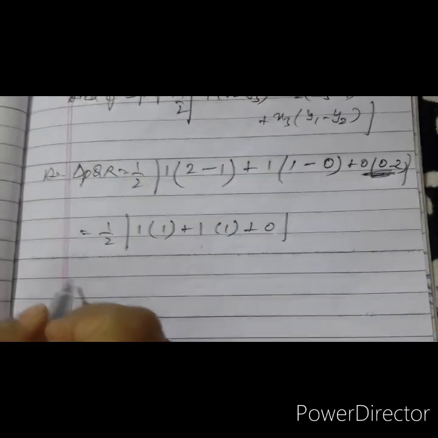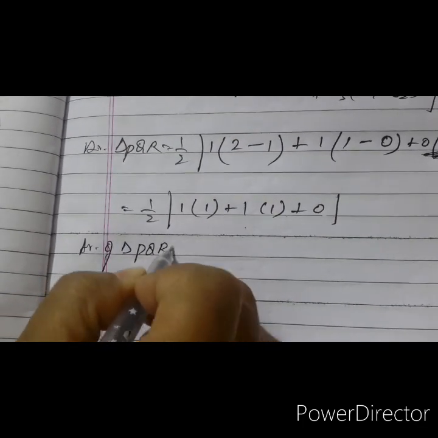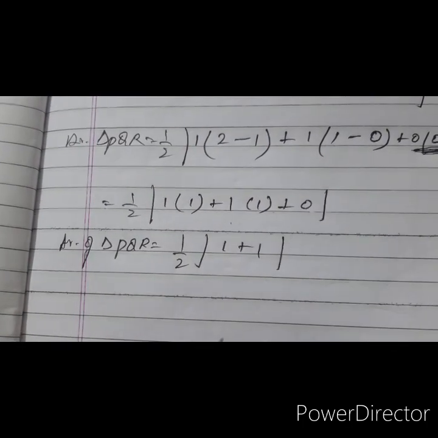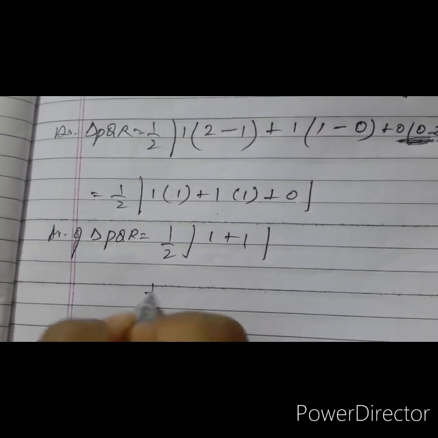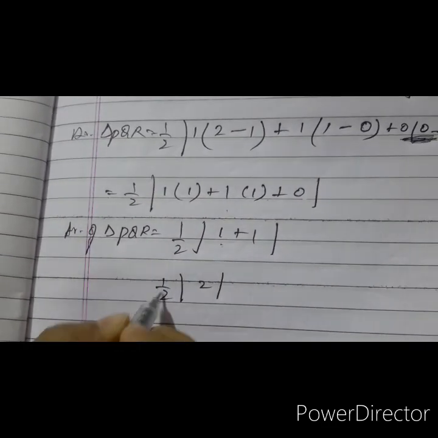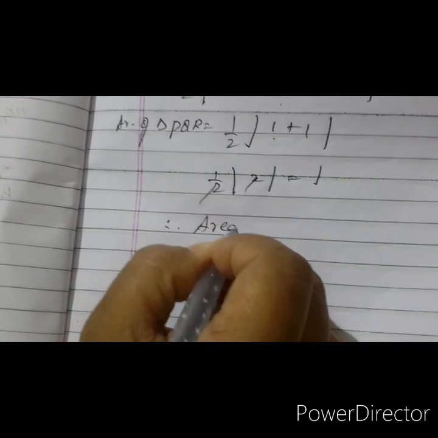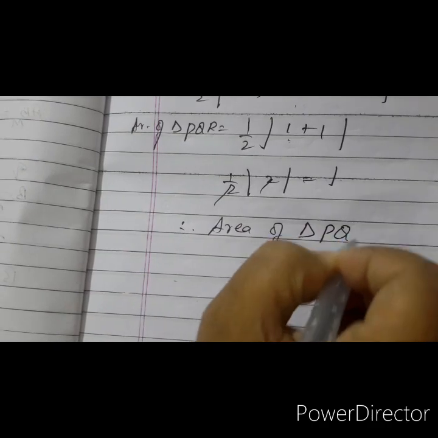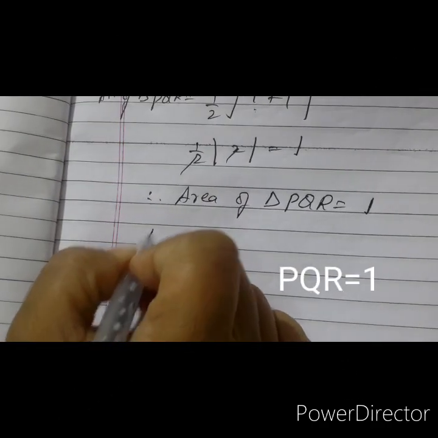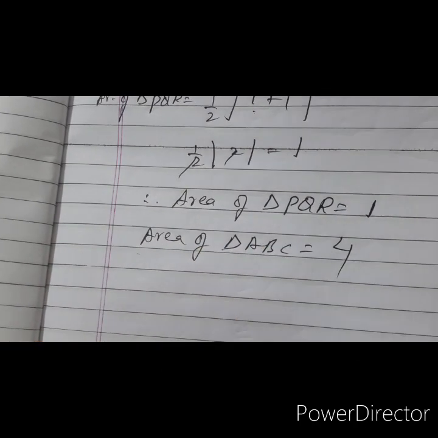So the area of triangle PQR is half of 1 plus 1, which is 2, and 2 and 2 cancel, becoming 1. Therefore the area of triangle PQR equals 1. We already got the area of triangle ABC equals 4.